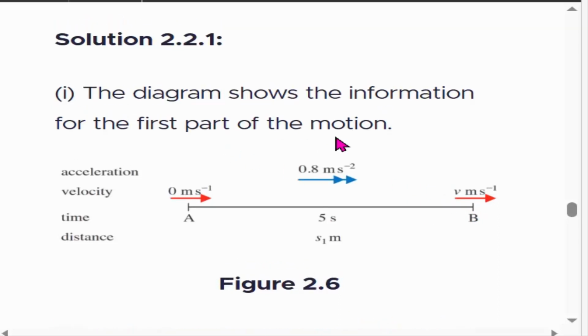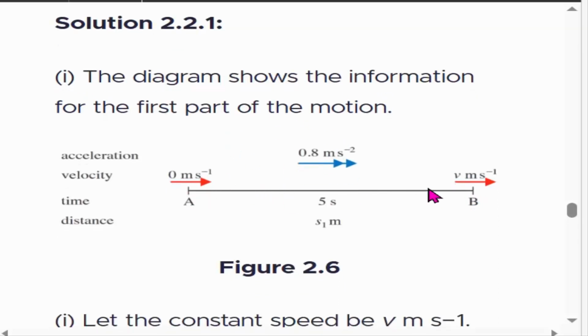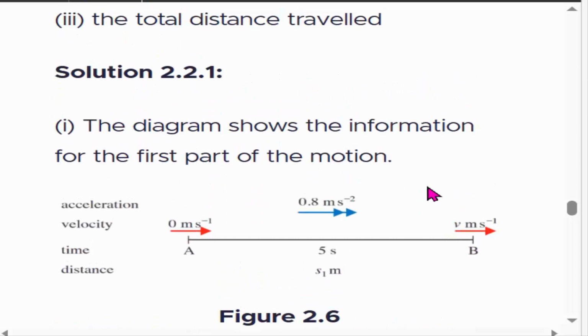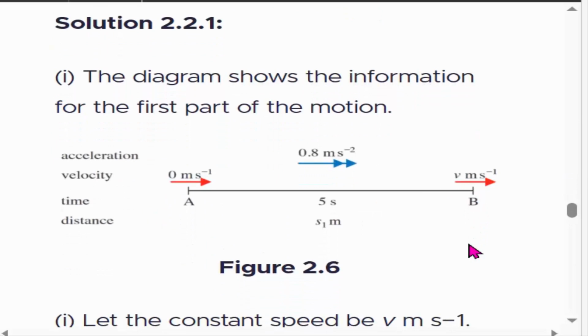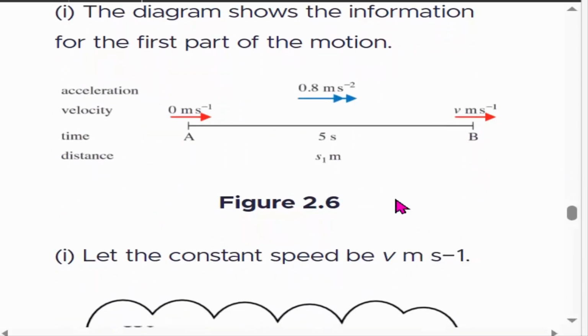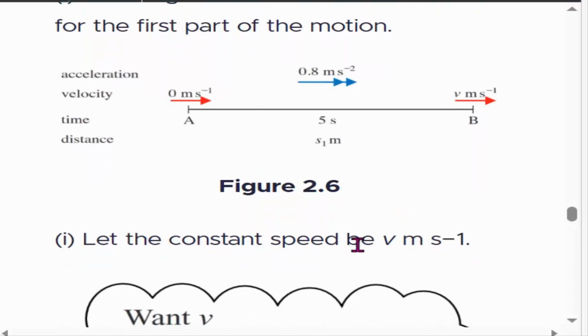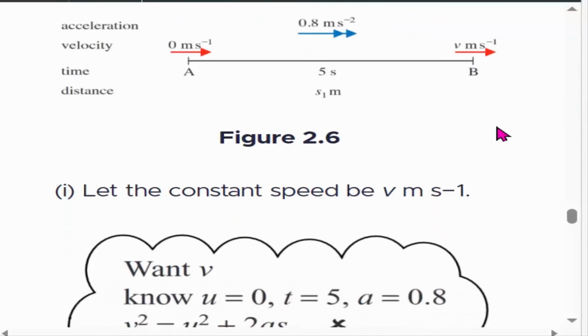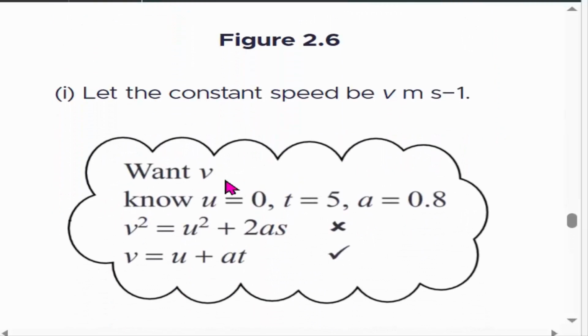So the diagram shows the thing in a linear way. You can actually plot them time versus distance, but here this is how we can represent it straight away. Let the constant speed be v, because we don't know it, before it decelerates. So what we want is to find v.